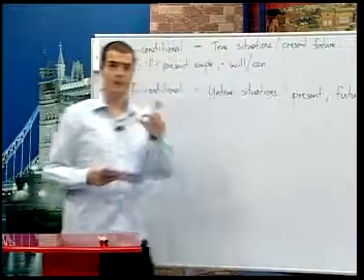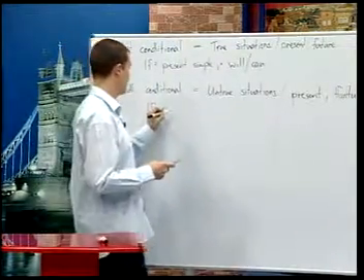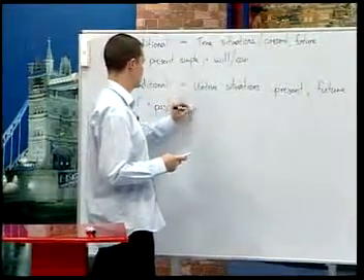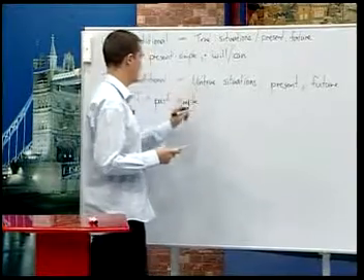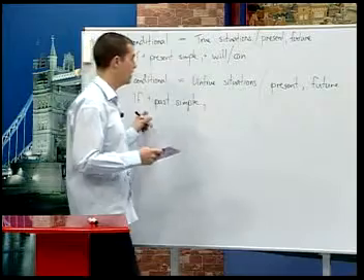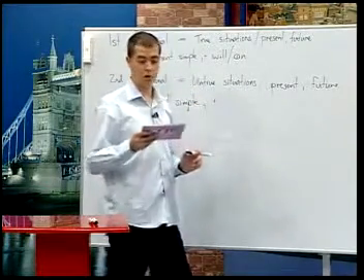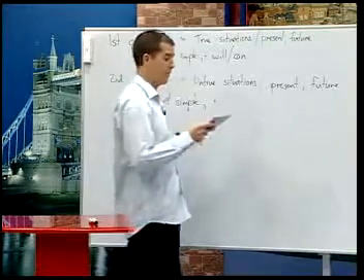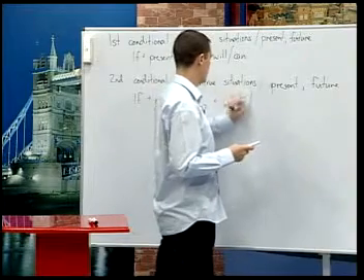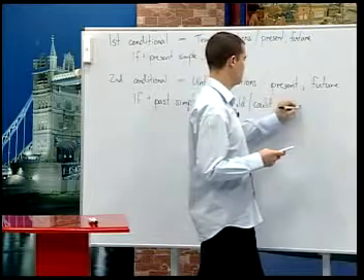Okay, in the if clause, we use if plus simple past, and a comma if it's the first clause. If begins, we have a comma, and then in the second clause we use would or could plus a simple form.